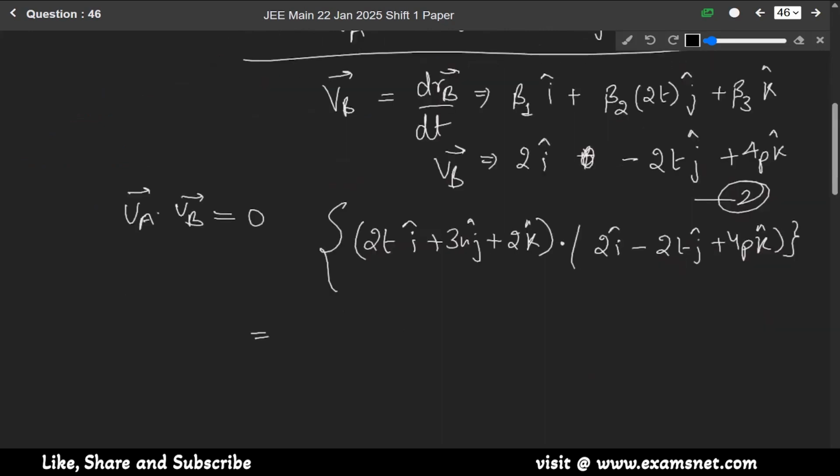So it will be equal to 2 to the 4t plus 3 to the 6n t, 4 to the 8p. It must be equal to 0.